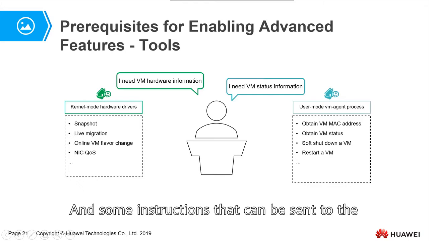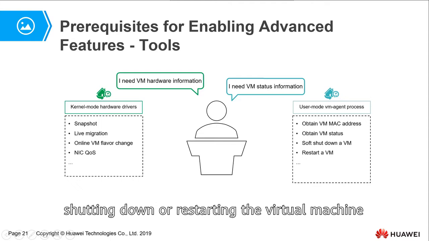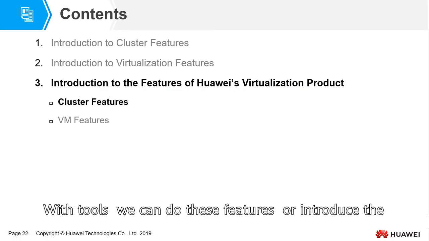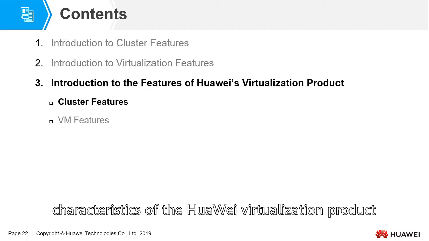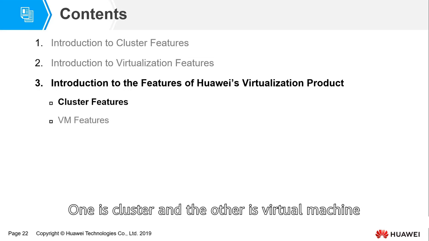And some instructions can be sent to the virtual machine through the agent, such as shutting down or restarting the virtual machine. With tools, we can do these features. Let's introduce the characteristics of the Huawei virtualization product from two perspectives. One is cluster and the other is virtual machine.